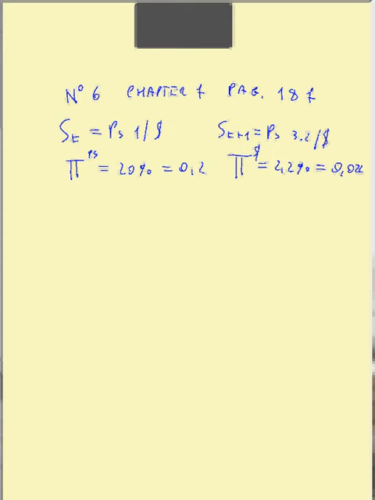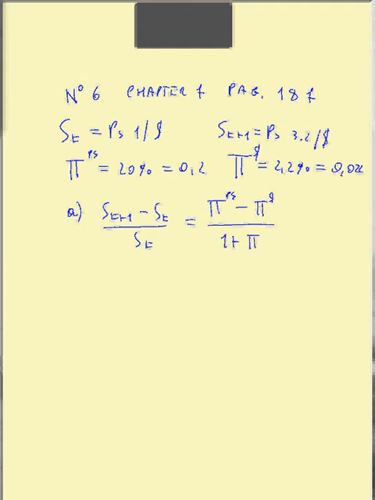So, we try to answer question A. We can write the purchasing power parity in the percentage change variation as follows: S_T+1 minus S_T over S_T, so the percentage change in the exchange rate, must be equal to inflation in Argentina minus inflation in USA over 1 plus inflation USA.